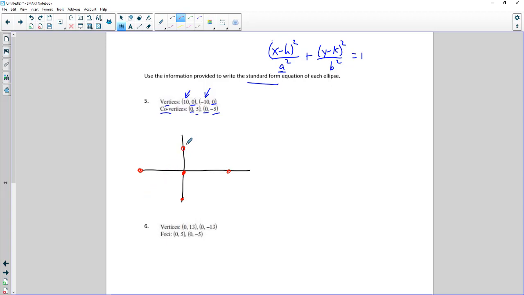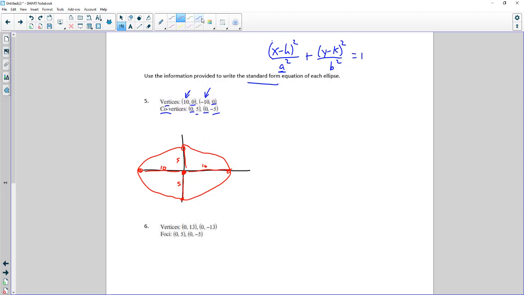These are your covertices, these are your vertices, and it's centered at 0. This thing would look kind of like this if you were to draw it. This would be 5, 5, 10, and 10, this distance, and this distance, and so forth.